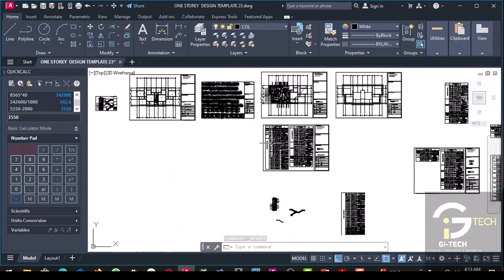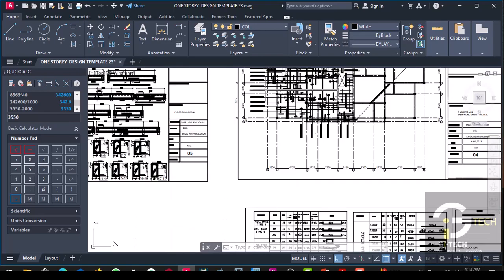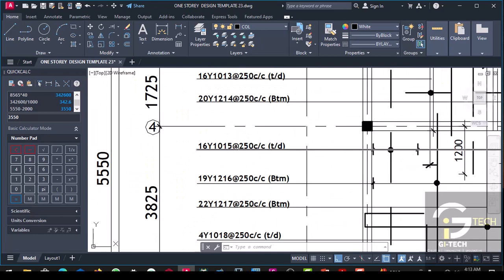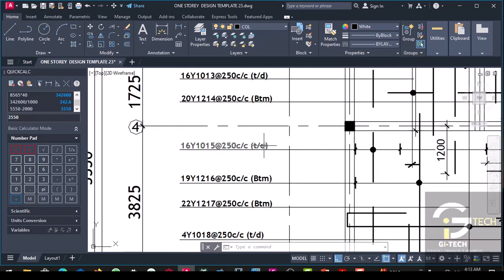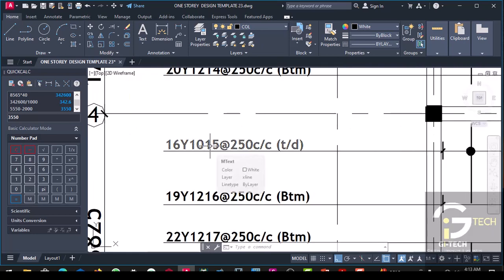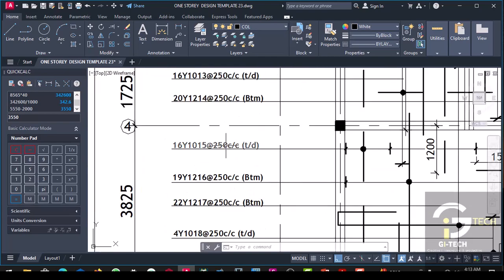Then let's check out the number that we have. The number here is 16.